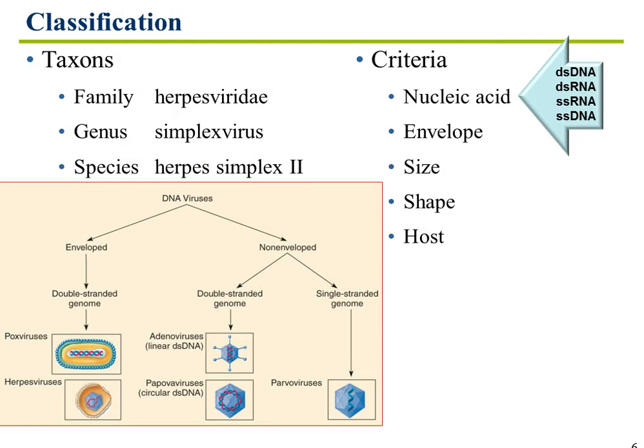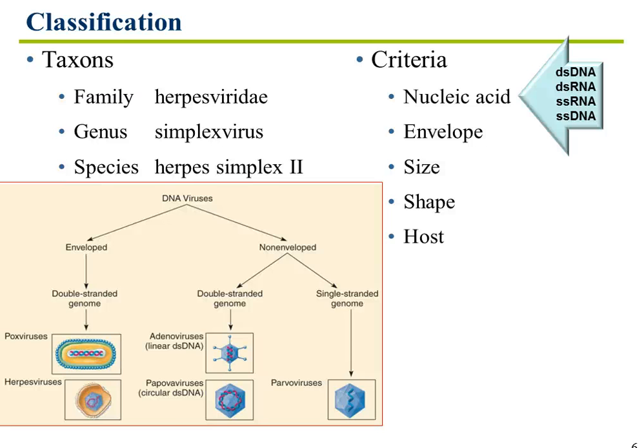How are they classified? Well, they're not classified at all like bacteria or humans or cats or anything else. They have taxons or classification units, ranks, for viruses, but much abbreviated. So you've got families of viruses, a genus of a virus, a species of a virus. They don't look like the names you're used to.